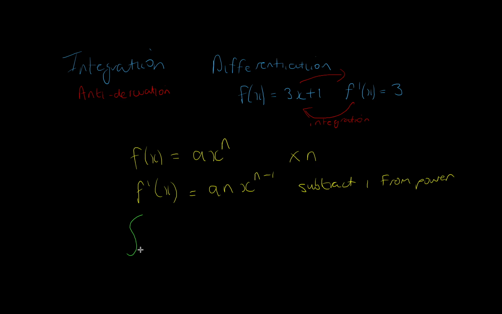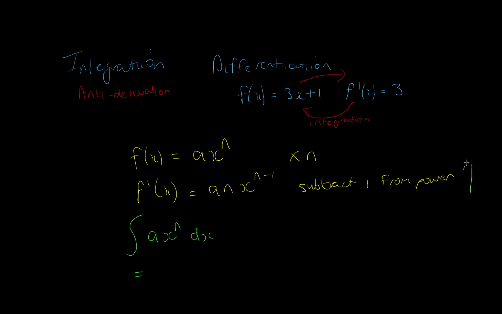So let's say we want to integrate ax to the power of n with respect to x. What we're going to do is the inverse operation. We did multiply, then subtract.